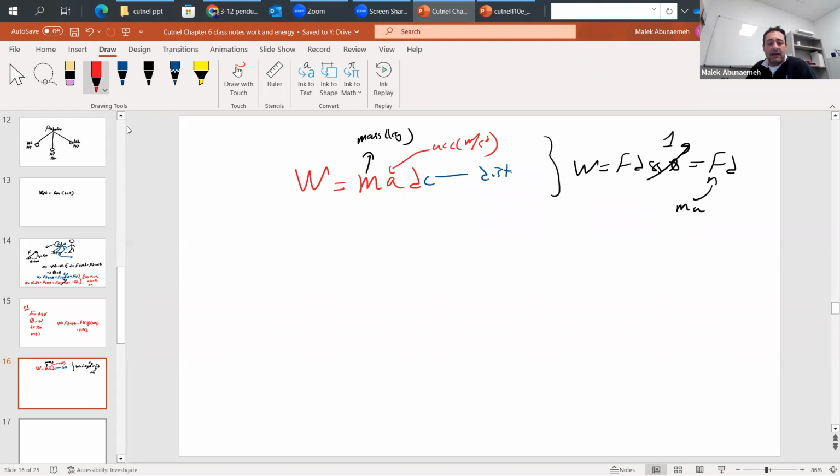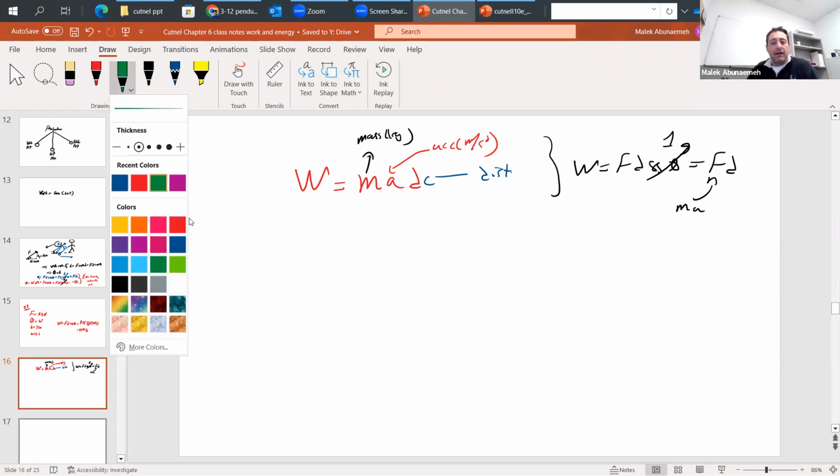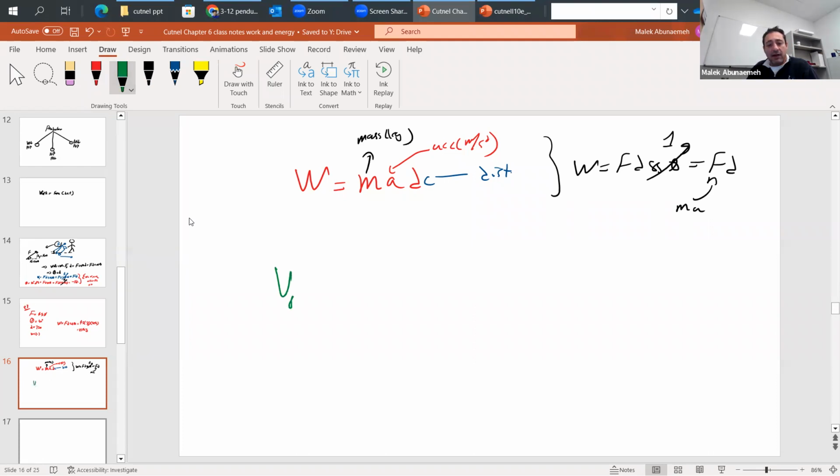Now, from our kinematic equation, your final velocity squared is going to equal your initial velocity squared plus 2AD. That means solving this for AD, you're going to have final velocity squared minus your initial velocity squared, divided by 2.